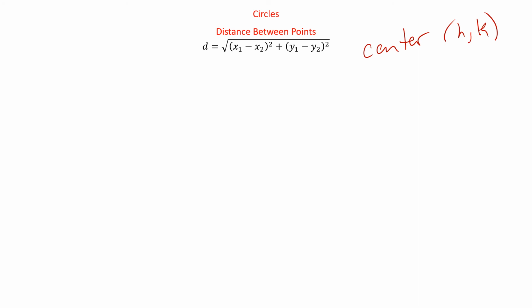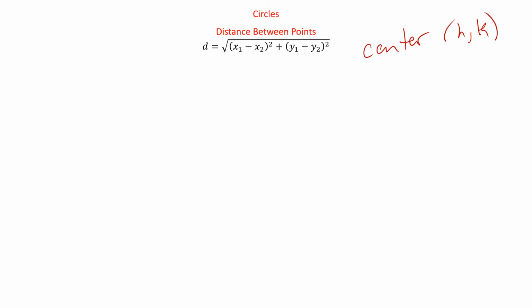So we're going to call the center h, k. And then the other point, we'll make that point 2, so that's x2, y2. And then the other point that we're going to measure is going to be a bunch of points. It's going to be all the points.